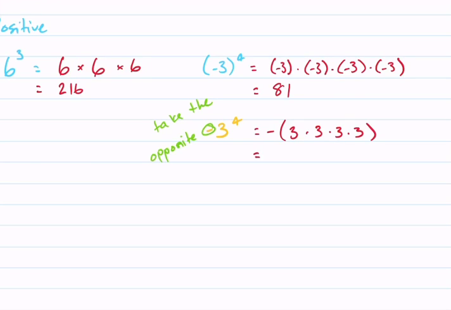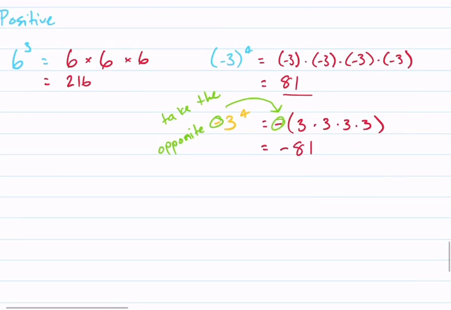We know 3 times 3 times 3 times 3 is 81 from our other example here. But now we have to take the opposite. So we end up with negative 81. So negative 3 in brackets and just negative 3 when raised to an exponent would be two different types of answers.